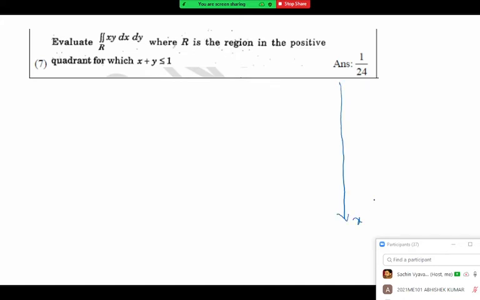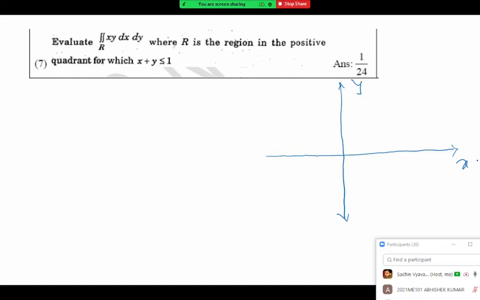This one is our y axis, and this one is my x axis. Now tell me which are the three boundaries of our region R?